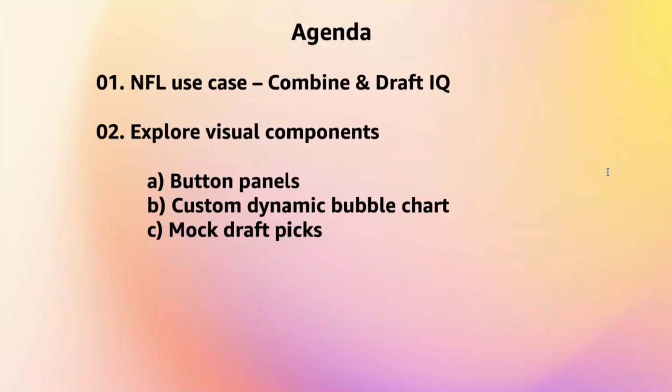And then later on, we also added a public use case around the actual draft event. Once we look through the dashboard, I will then focus on the three specific areas highlighted under the second point. That's how the button panels were implemented, how one specific dynamic bubble chart was built using Highcharts and a lot of custom calculations, and then how we set up a mock draft pick board.